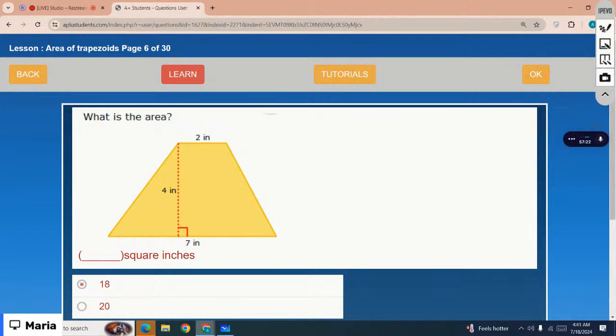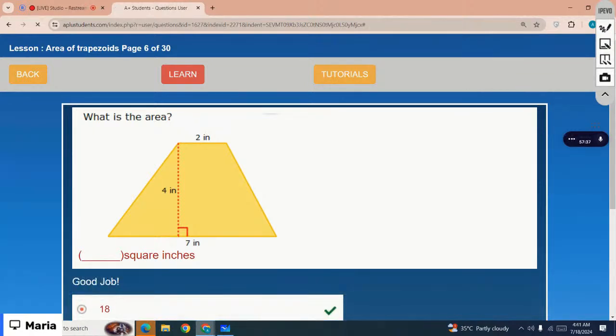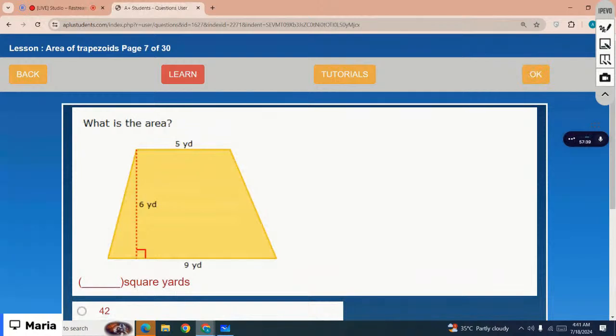The correct option is option number 1. Okay, what is the area? Which is the correct option?